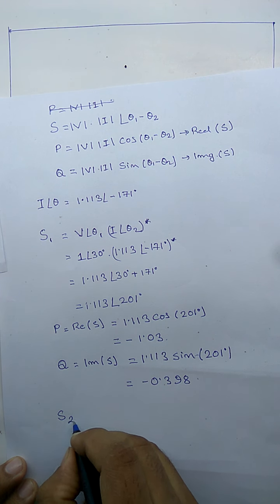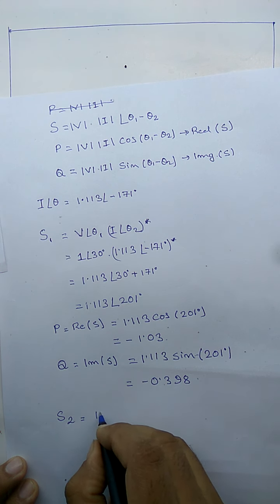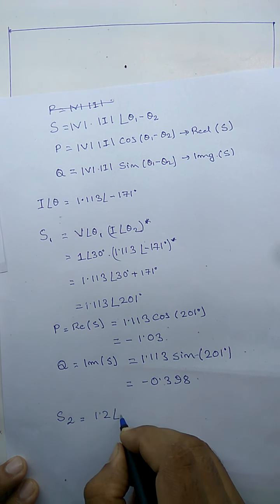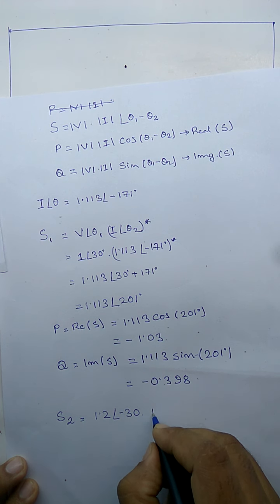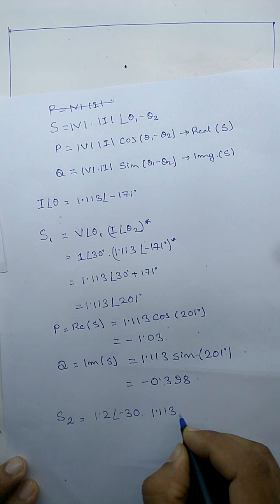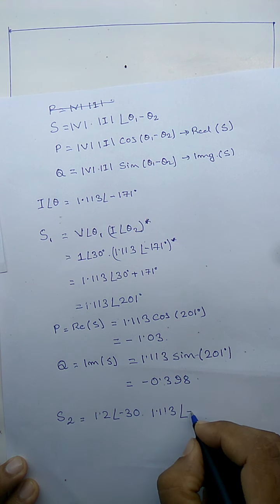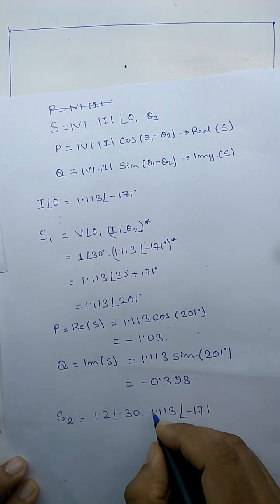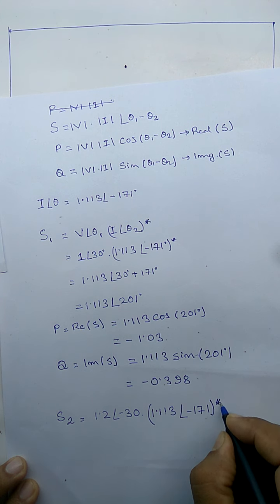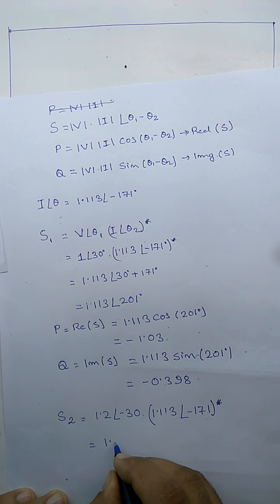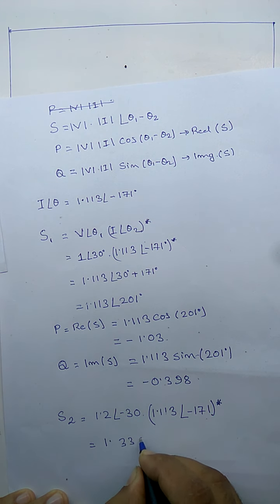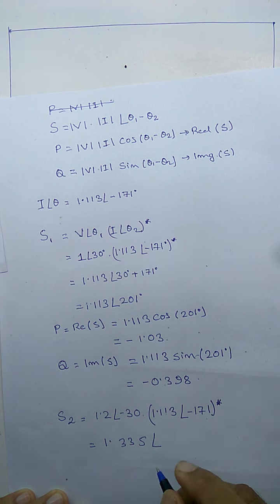The apparent power of S2 will be equal to 1.2 at an angle of minus 30 degrees into 1.113 at an angle of minus 171, conjugate. So this is 1.335 at an angle of 141 degrees.